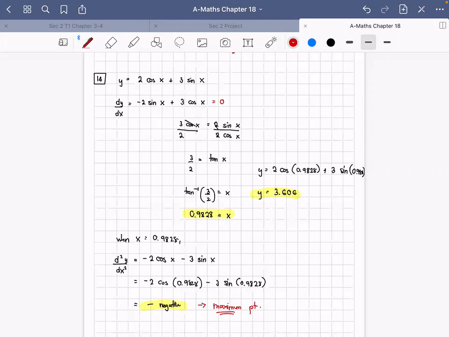So let's have another example. Okay, so this is number 14. All of them are similar. Can we jump to page 404?